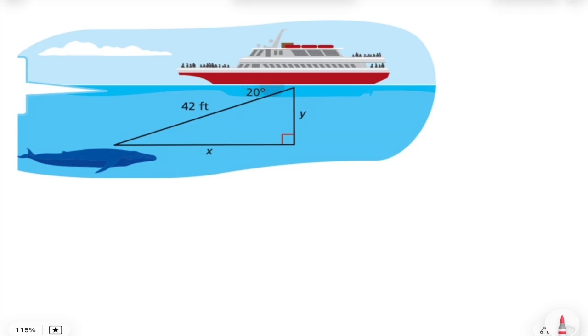That means here is the boat, and the angle is given here outside of the triangle. This angle is outside of the triangle. If you draw a line here, the surface of the water, then this line and that line are parallel, right?